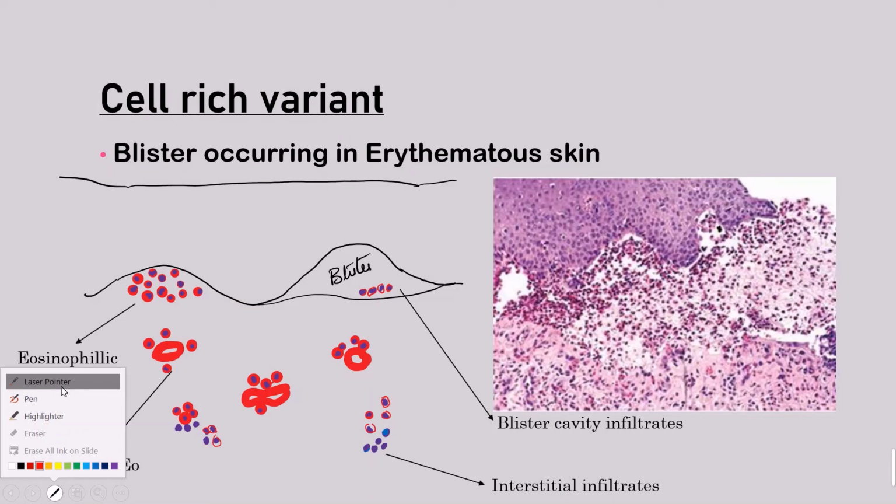So we confirm this with what is known as salt split. We will treat the tissue with salt water. So not salt water. We will treat the tissue with a solution which we will describe later.